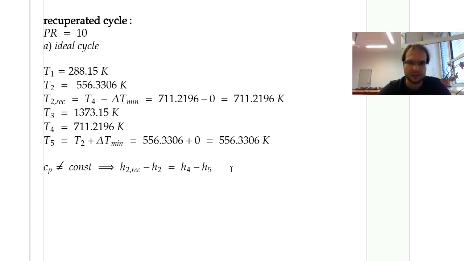And then based on that we would see where is the bottleneck of the heat transfer, whether we can satisfy the minimum temperature difference rather at the high temperature or low temperature side of the cycle, apply that and then calculate the outlet at the other side. But because in this case we have Cp constant, we don't need to go through that. We have the temperatures at all points of the cycle.